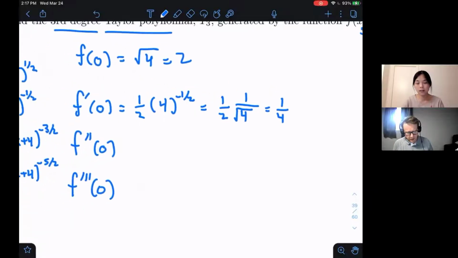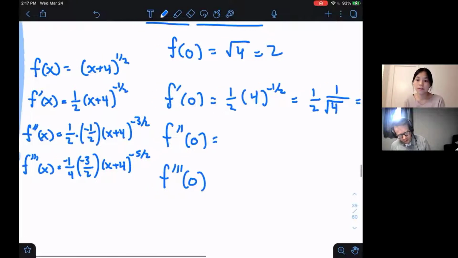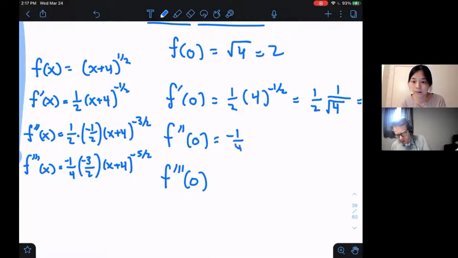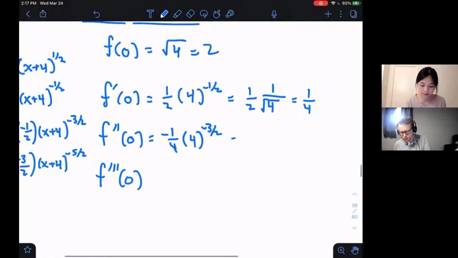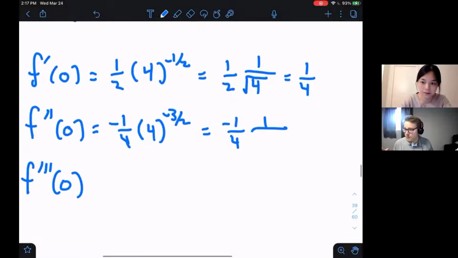All right, how about the next one for the second derivative? Well, when we have our second derivative, we have our equation over here. We have this coefficient of -1/4. And when I go and I plug in 0, I'm going to have 4 raised to the -3/2. So -1/4. Again, we have a negative exponent. So this is the same thing as division. We have the 1/2 power. So that's going to be the same thing as the square root.